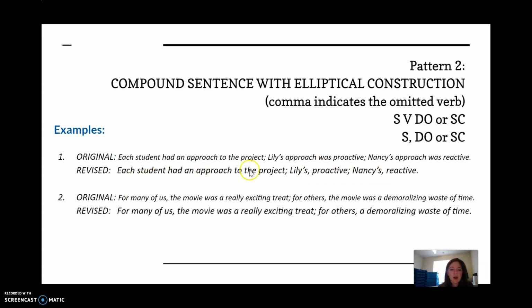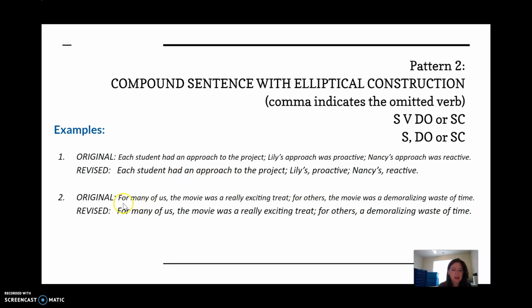So: each student had an approach to the project. Lily's approach was proactive. Nancy's approach was reactive. But instead of repeating and being redundant and saying approach was, the writer just puts a comma instead. And so this is a very efficient form of syntax that allows you to pare down wordiness.